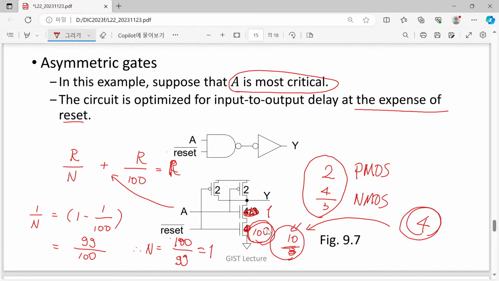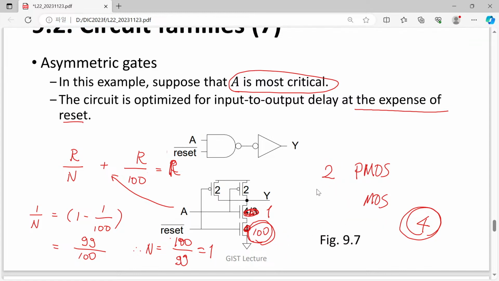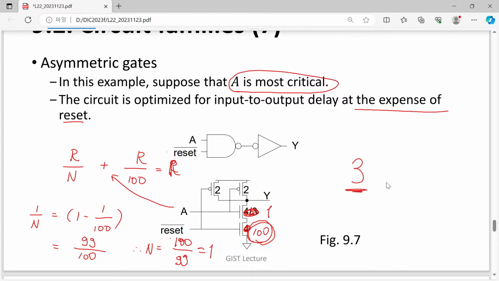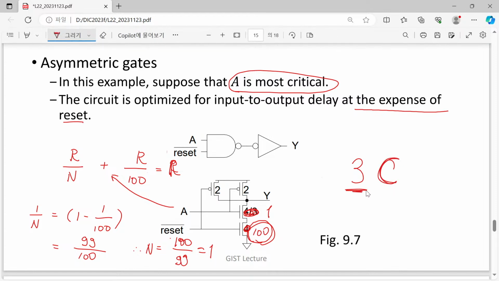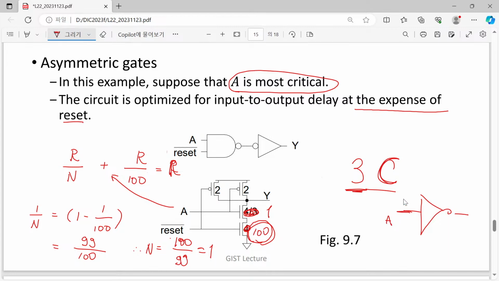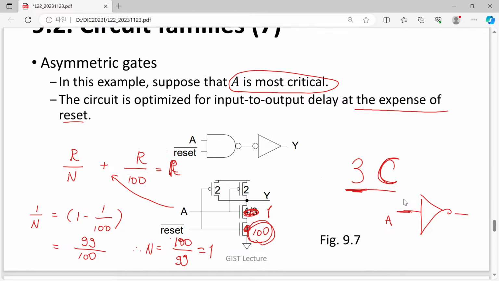Then the input capacitance seen from our input node A can be reduced to just 3 times our unit capacitance. So 3C can be obtained. What is the 3C? The 3C is the input capacitance seen from the input node of our inverters. Wow, that is really tremendous.